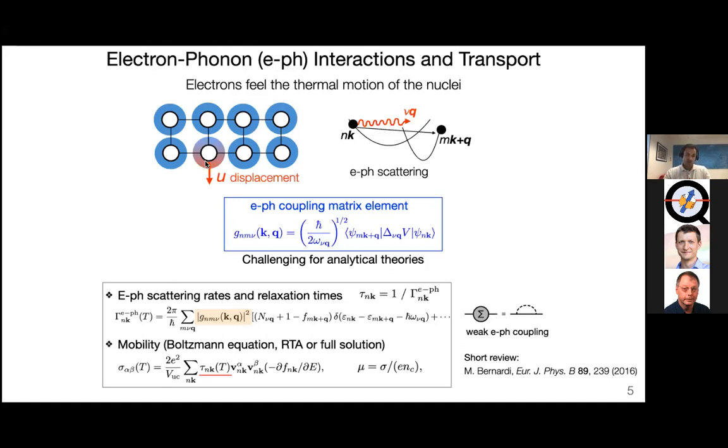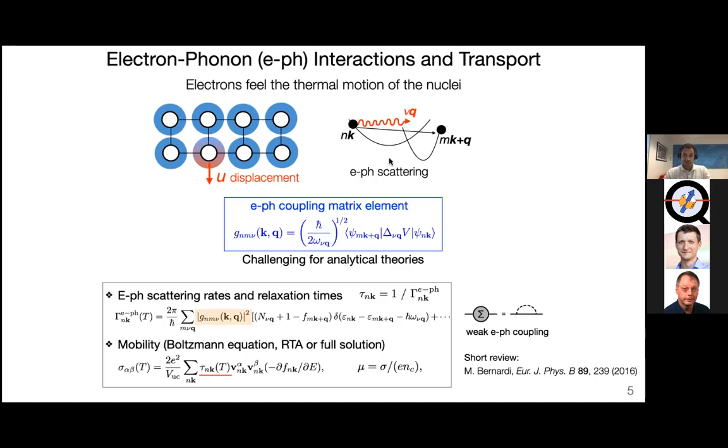The idea here is that as the atoms move, they perturb the potential seen by the electrons. And as a result, the electrons are scattered, for example, in a solid from an initial electronic state with a certain band n and crystal momentum k into a final state by absorbing or emitting a phonon.